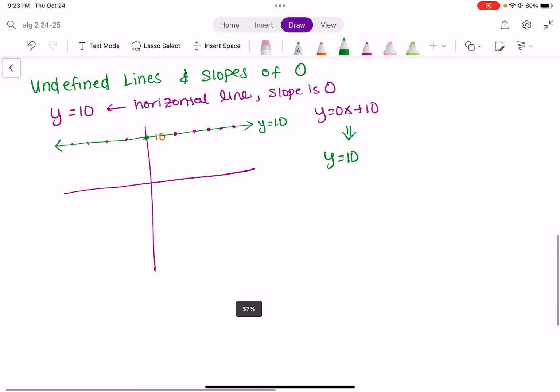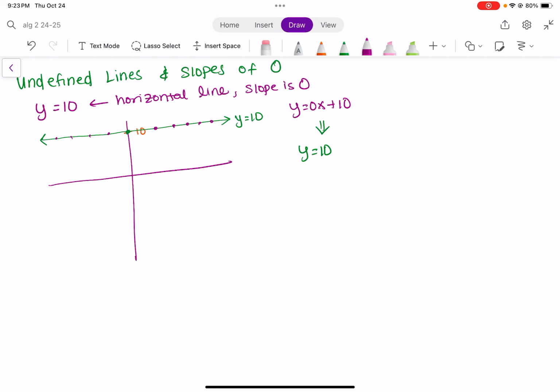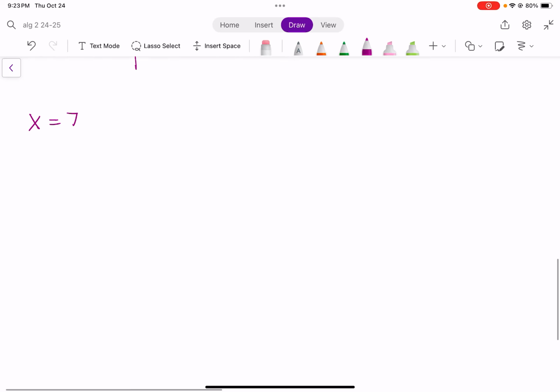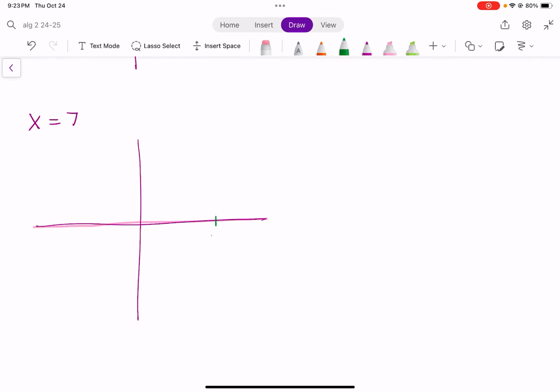On the other hand, sometimes you're going to be asked to graph something like x equals 7. Again, if I have a graph, now I'm looking at the x-axis, because it's x equals, and let's say this is 7. I want to draw a line so that at any point, the x value is 7. Here the x value is 7, here the x value is 7. The y's are changing, but the x's are not.